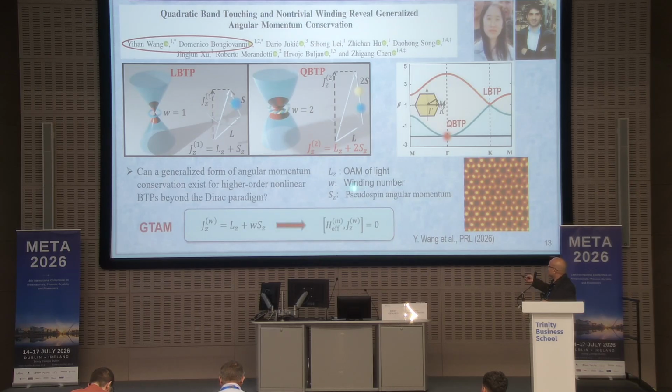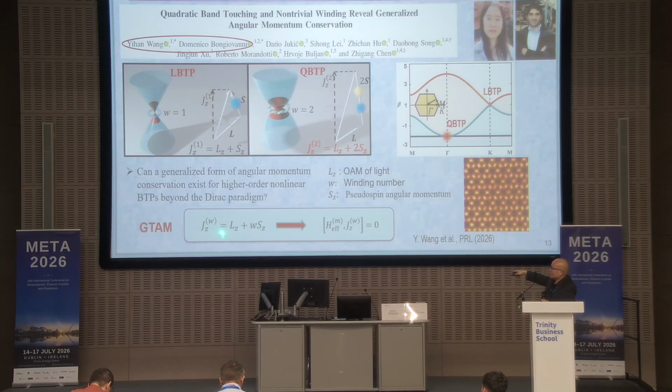So the question we want to ask is, can a generalized form of angular momentum conservation exist for high-order nonlinear band touching points beyond the Dirac paradigm, right? So that's the question. And the answer is yes. This is what is called the generalized total angular momentum.